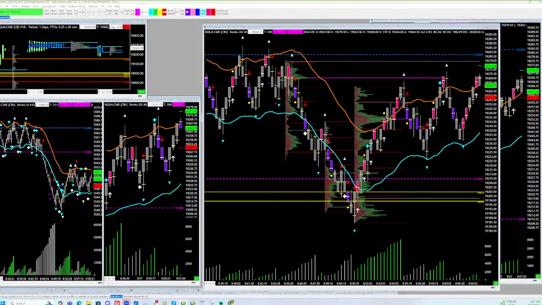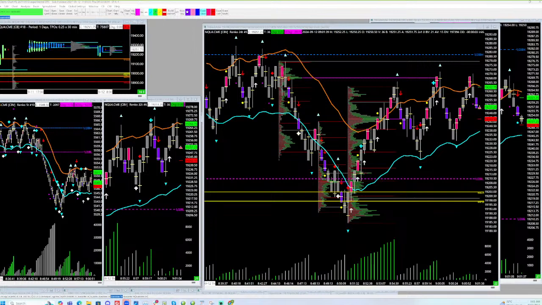And up to check out on that 78 and IB high. Arrow up, pink bar, point of control outside. That would be valid for me as well.